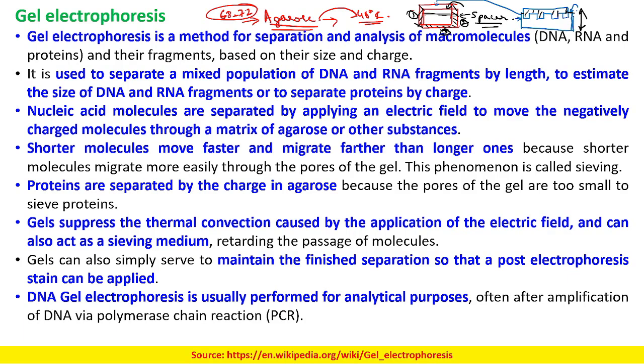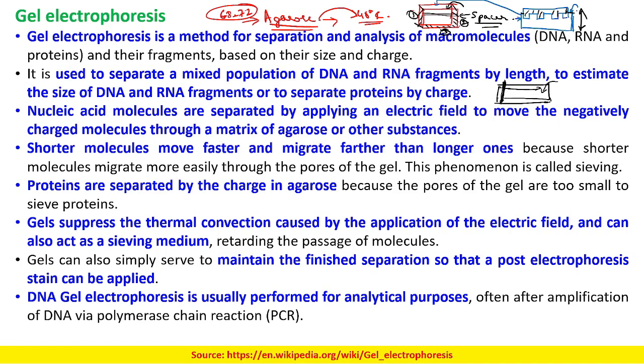So in that case, you will be having a container like this, and over here you will be putting the stuff. So you are having the teeth. So if you pour the agar solution over here, it will be filling up this whole container.